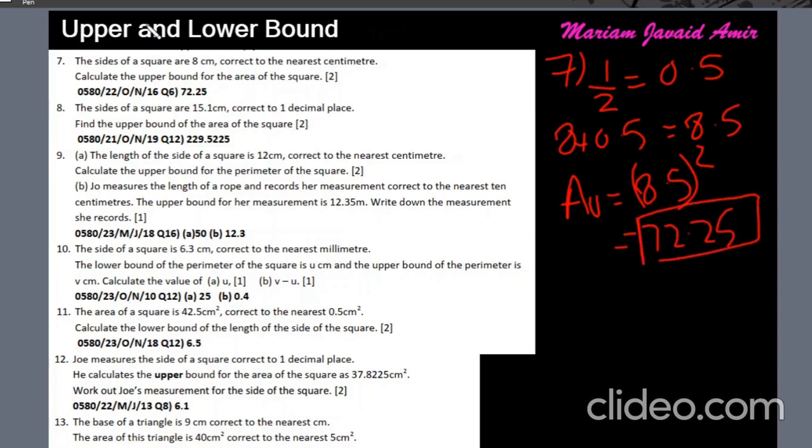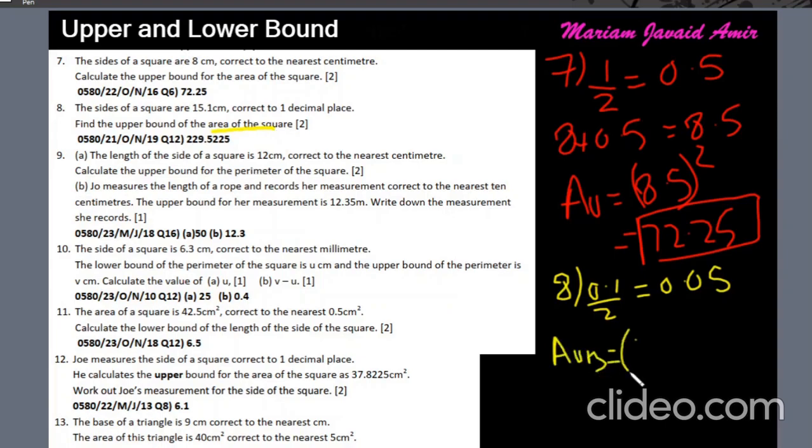So next up is question 8. The sides of a square are 15.1, correct to 1 decimal place. So again 1 decimal place means 0.1. Divided by 2 we get 0.05. In the end we need the upper bound area for the square. So we need the upper value of the length.